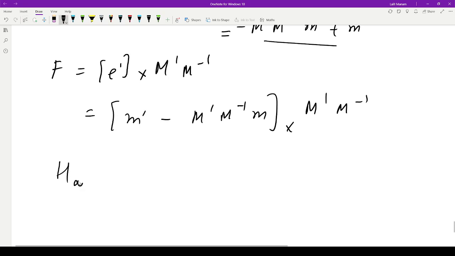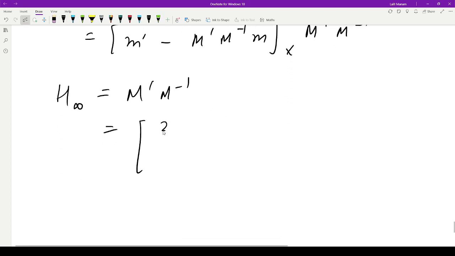So our question was just to find h at infinity, which is just m prime m inverse. All these numbers are there. M prime will look something like this: 2, 2, 3, 3, 5, 7, 1, 3, 9.